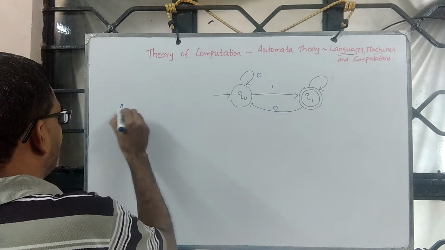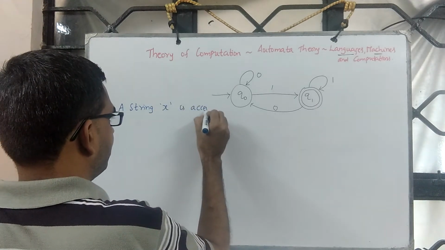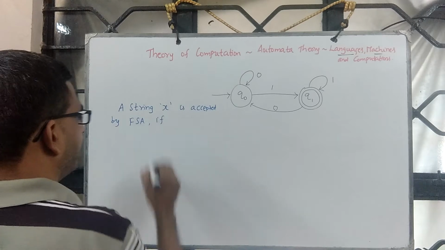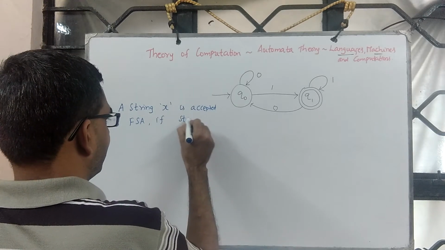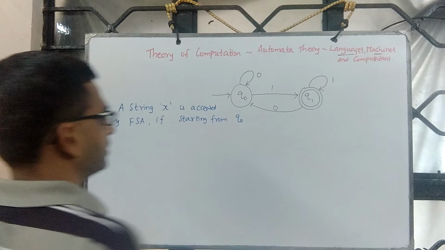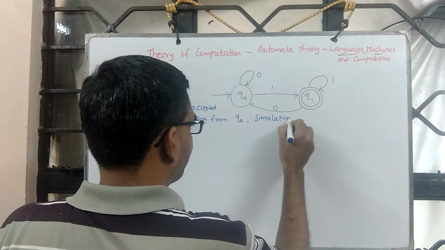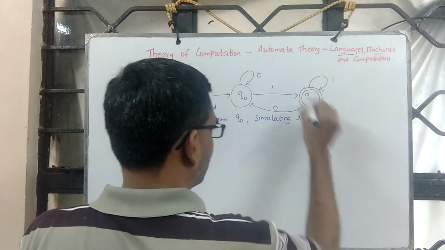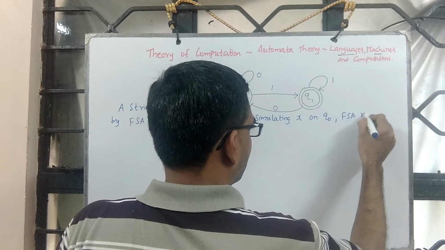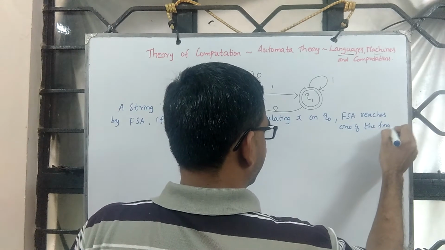We say a string x is accepted by a finite state automaton if, starting from the start state, namely q naught, simulating x on q naught, the FSA reaches one of the final states.